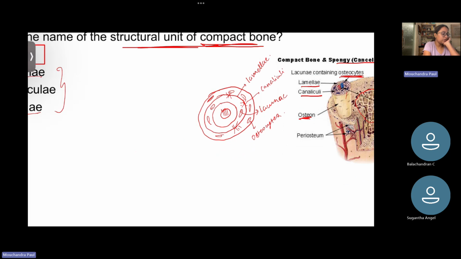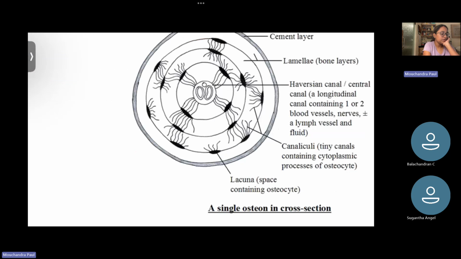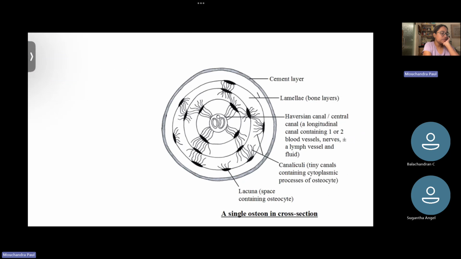If not, let me see if I have a better diagram here. Yeah, this is a better diagram. This is the outer portion called the cement layer, and inside there are these concentric circles of matrix called lamellae.